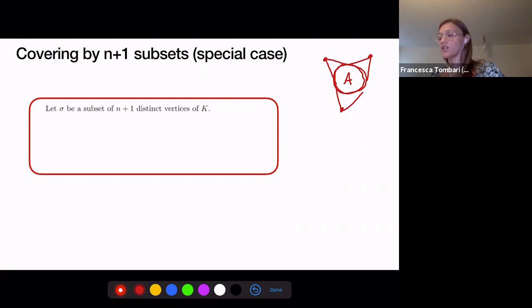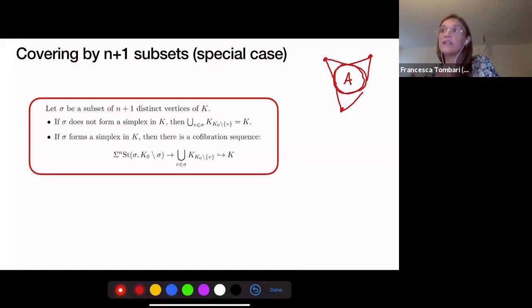If this is the situation, then 2 things can happen. So if you have n+1 distinct vertices of K, then it might happen that they form an n simplex in K, or they don't. If they don't, then it's easy because the data-driven decomposition is exactly the simplicial complex. More interesting is when these n+1 points form a simplex in K.